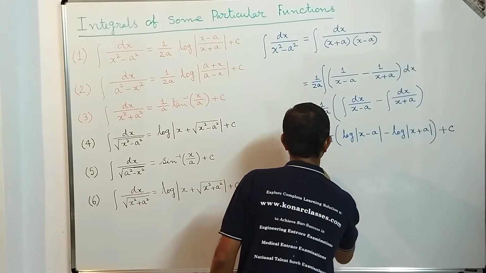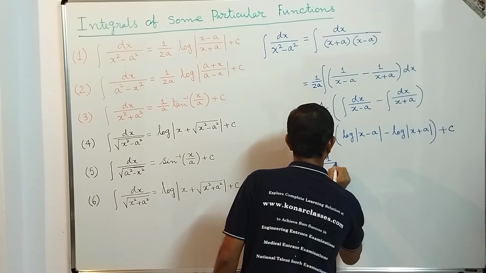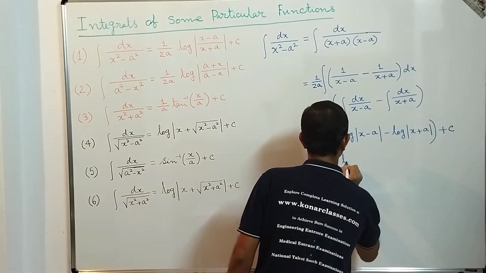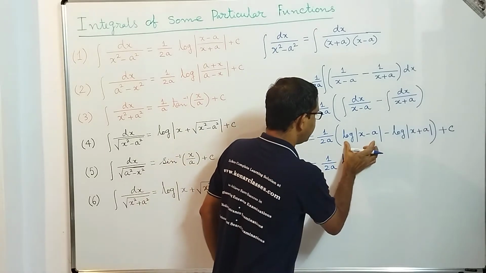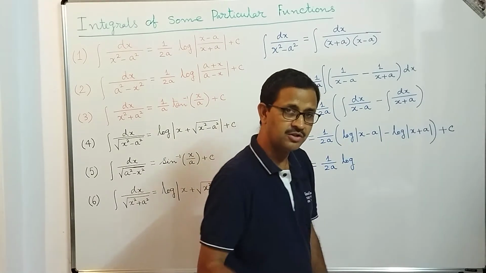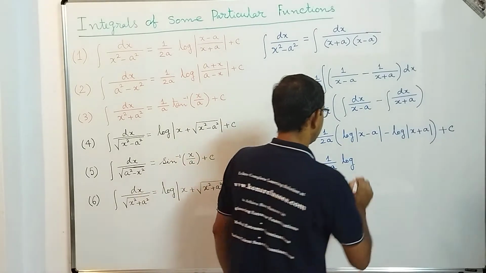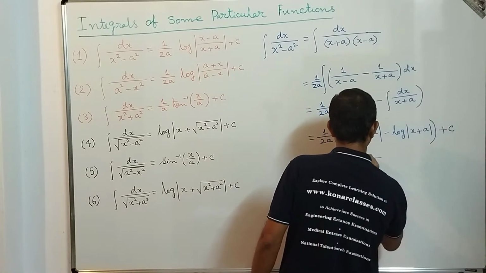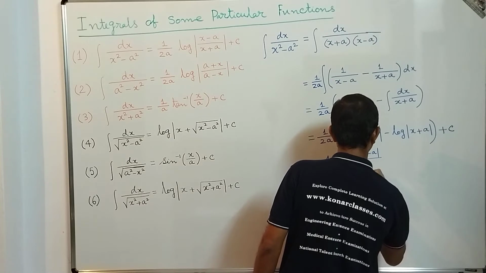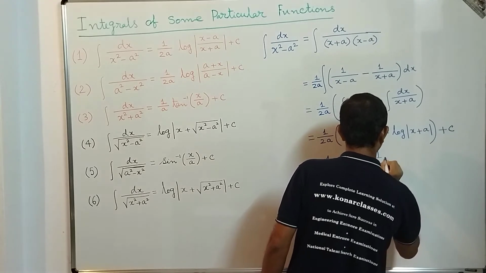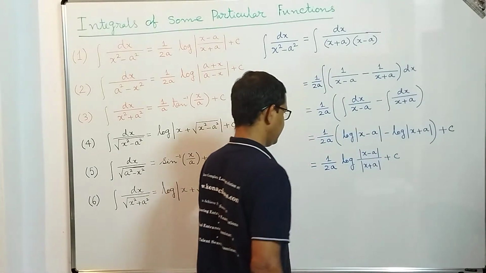So what we are going to get is 1 by 2a into log of m minus log of n. If you recall, log of m by n, so we will get log of mod of x minus a divided by mod of x plus a plus c, correct?